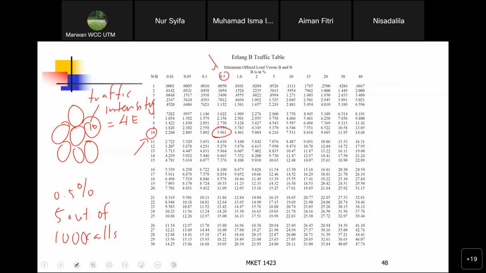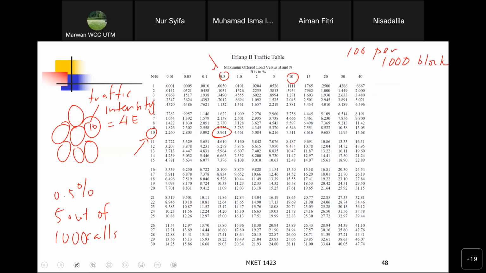So you can see if you make the service even worse, this is 0.5. Let's say you make it 10%. 10%, what does it mean? 100 calls per 1,000 are going to be blocked. Okay, you reduce the grade of service. The previous one was 5, the second one was 100.